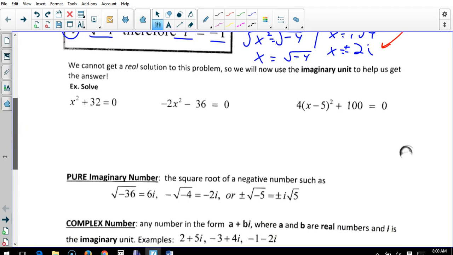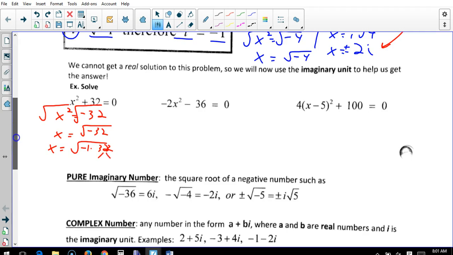So again, we're going to subtract 32 from both sides. Then we end up taking the square root of both sides, which leaves us with x equals the square root of negative 32, which can be rewritten as negative 1 times 32.